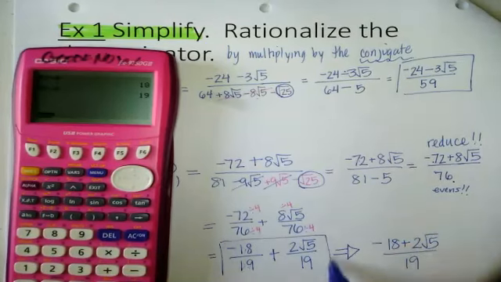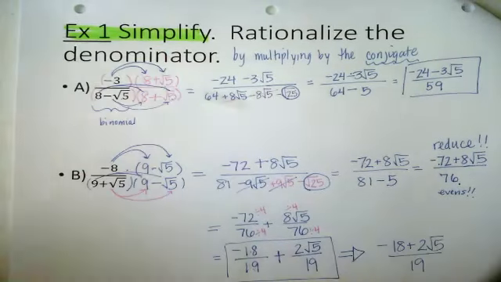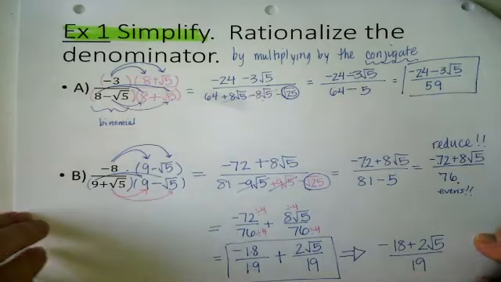I like this better, though. This is actually easier to type into your calculator also. Lots of work there. These are equivalent, just in case you were curious. Common denominator. All right, a couple more.